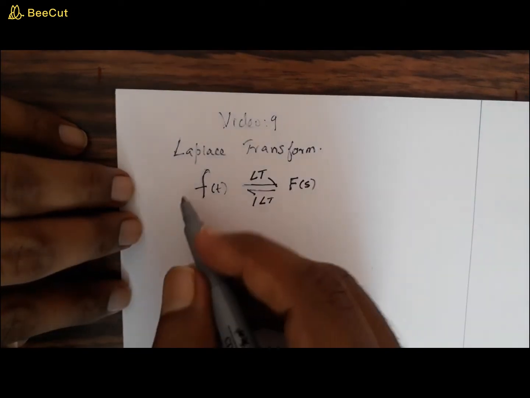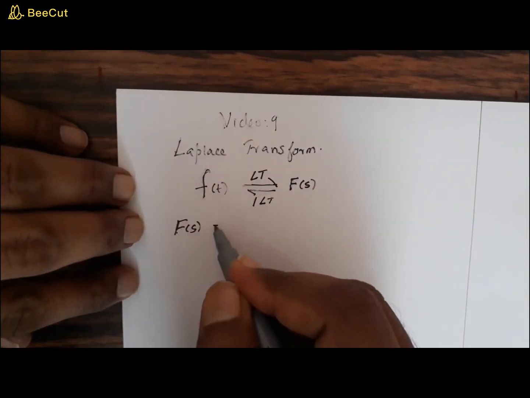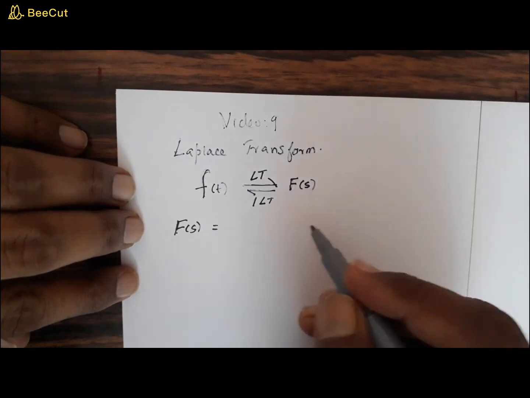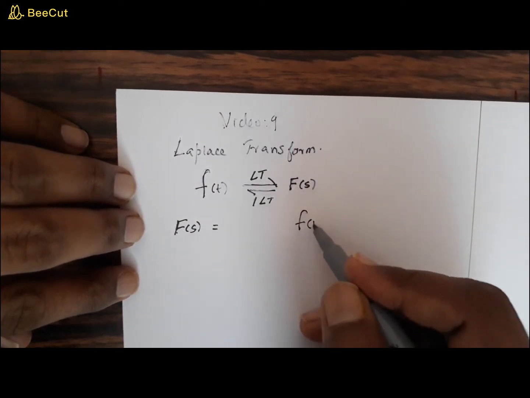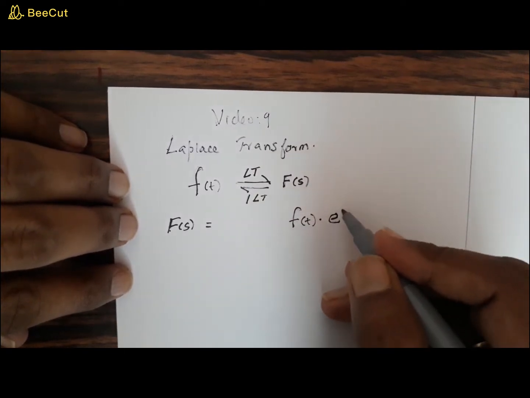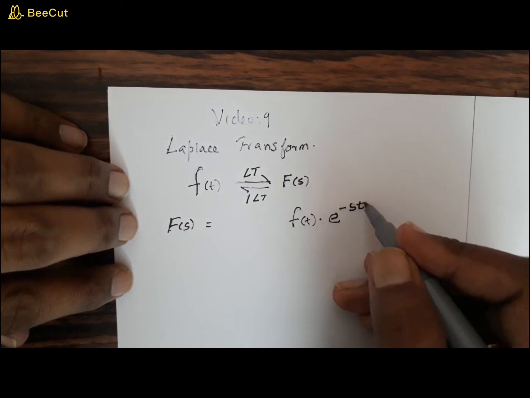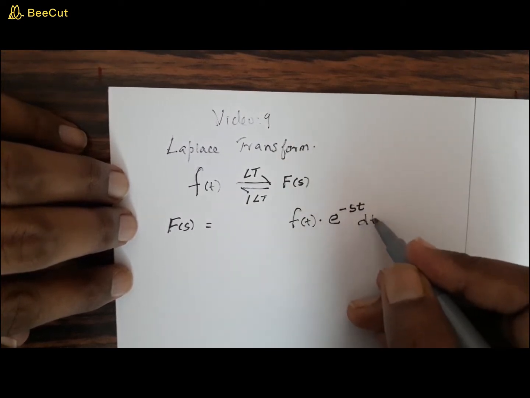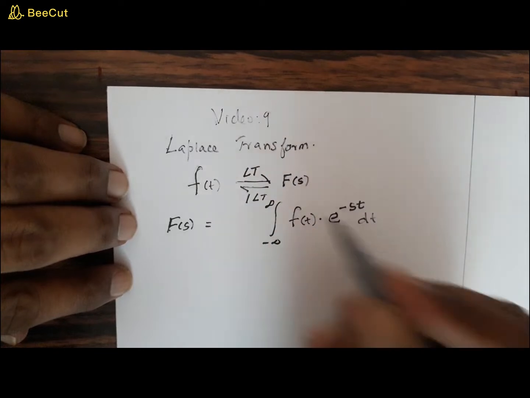Now let me tell you the function F of s. How will you evaluate F of s? F of s is nothing but, the first thing is you need to multiply this f of t by a function called e raised to minus st dt, integral from minus infinity to plus infinity.